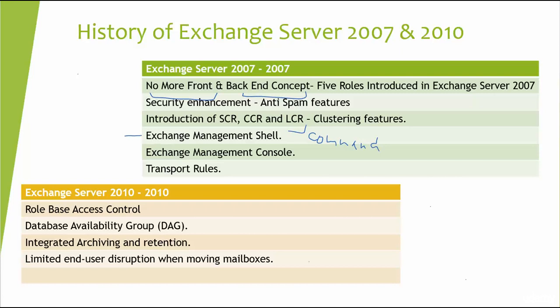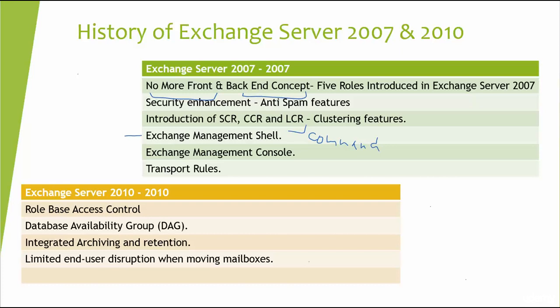Like in Exchange Server 2000 and 2003, if you remember, permissions were assigned via the delegation wizard, and it was in the Exchange System Manager Console. The delegation wizard allowed the administrators to assign one of three roles to the user that they wished to grant administrative access. So there was Exchange View Only Administrator, Exchange Administrator, and then Exchange Full Administrator.